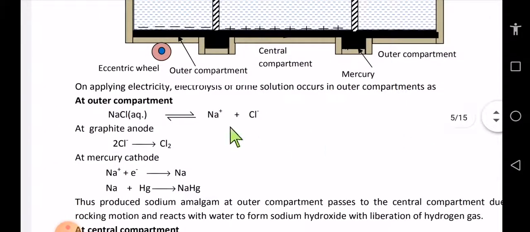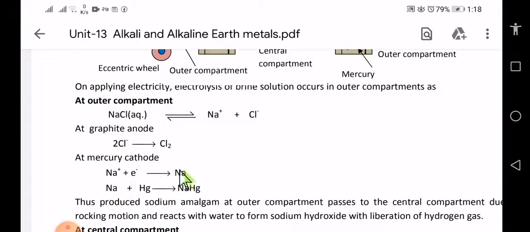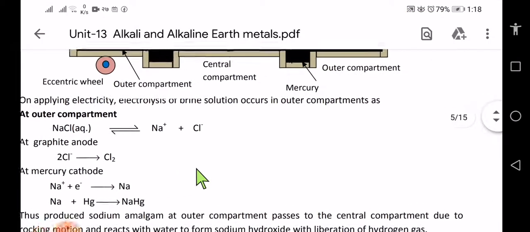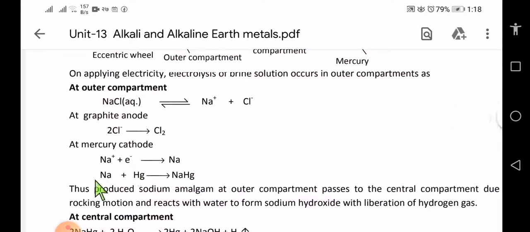Now the reaction occurs like this at the outer compartment. NaCl is ionized into Na plus and Cl minus. Cl minus migrates toward the graphite anode and is converted into Cl2, which escapes out from the outlet, and Na plus migrates towards the mercury cathode and gets discharged into sodium metal, which combines with mercury to form a homogeneous mixture, sodium amalgam.